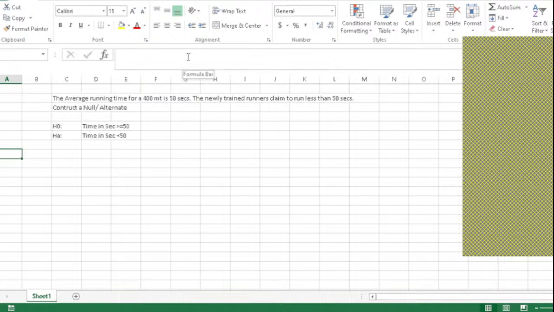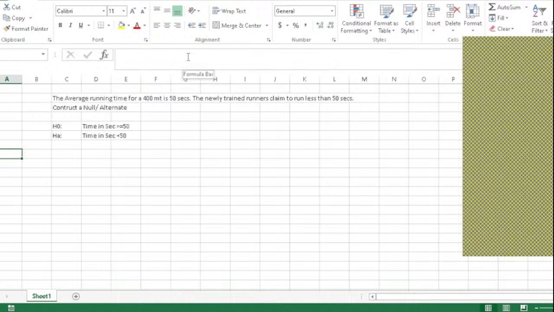What is to be claimed will be put in alternate, and just adding to that, do not put equal. Equality will only come in null. That's it. If you remember these two sentences, you will never get confused on this.